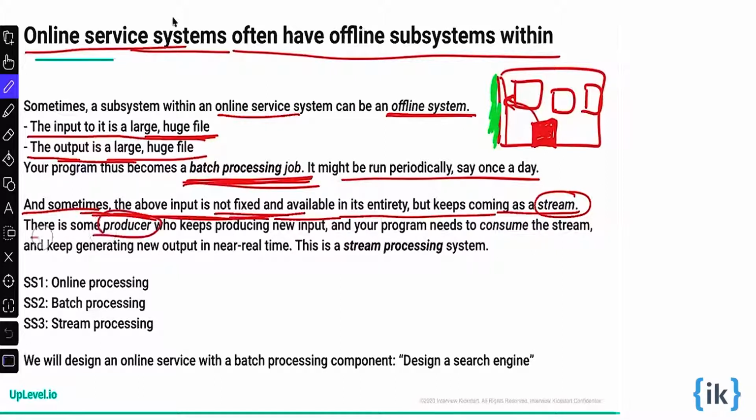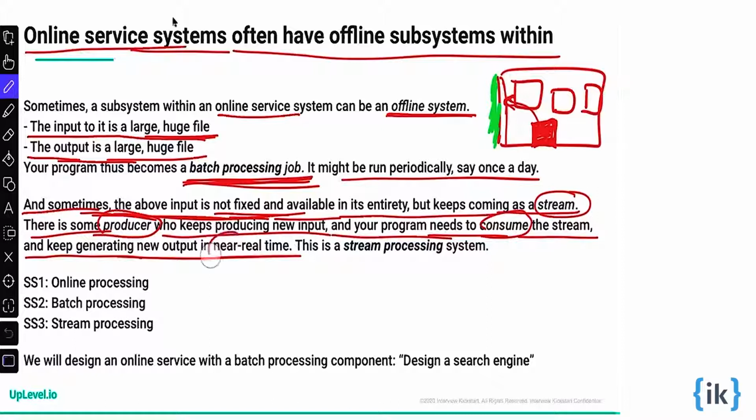And there is some producer who's producing that input in that stream. In the context of a search engine, it could be a crawler that's constantly crawling and feeding in new pages. And your program needs to almost continuously consume that input and keep updating that new output in near real time, right?